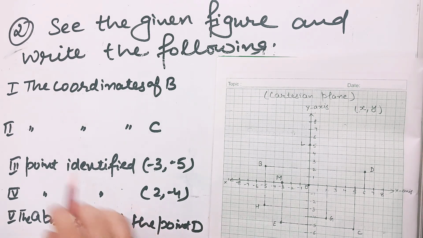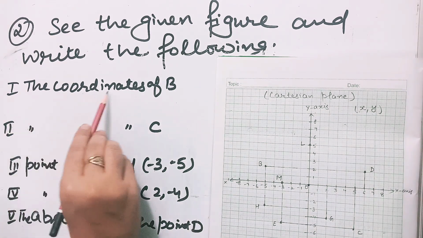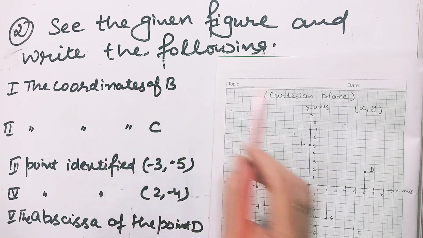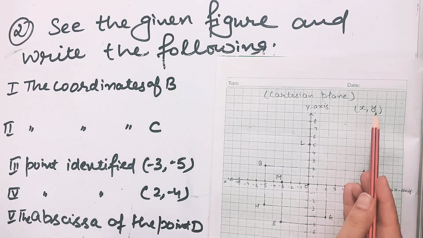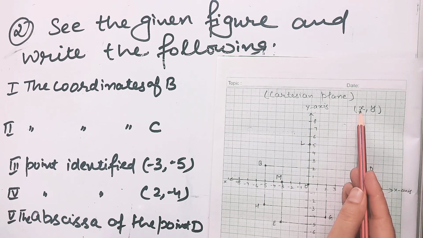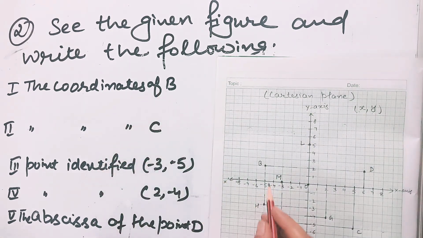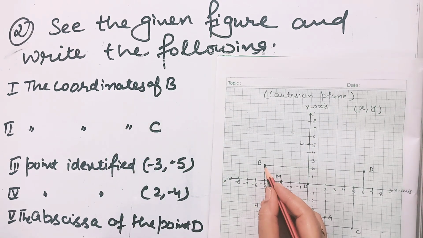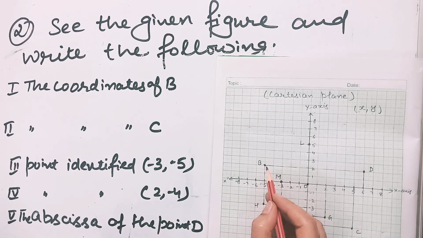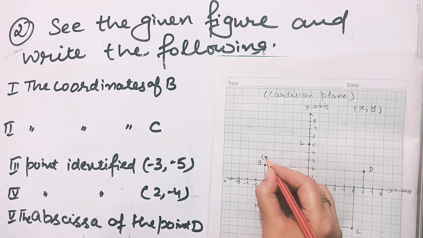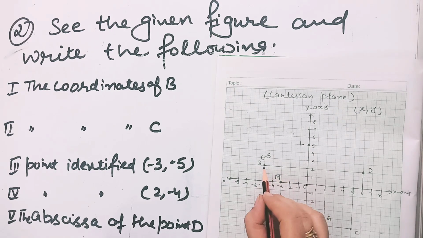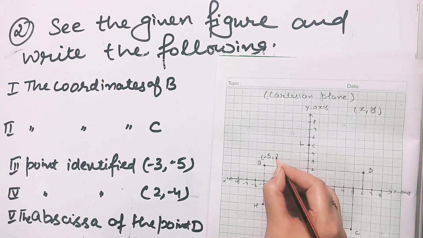The first part is the coordinates of B. Coordinates are written in the form (x, y), meaning the first coordinate is x and the second coordinate is always y. Here you can see in the Cartesian plane where B lies: the x coordinate is -5 and the y coordinate is 2.